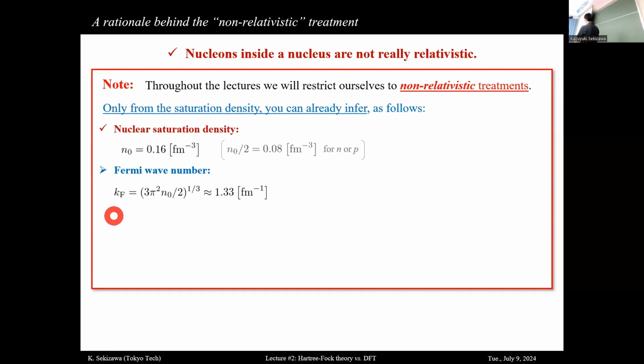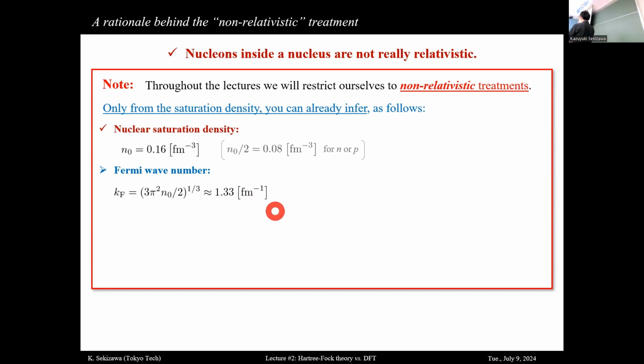This is the well-known dependence of the Fermi wave number on the density. Because there are two kinds of fermions, spin up and down, there is a factor of one half. You can put the number into this formula and get the Fermi wave number in the nuclear medium.